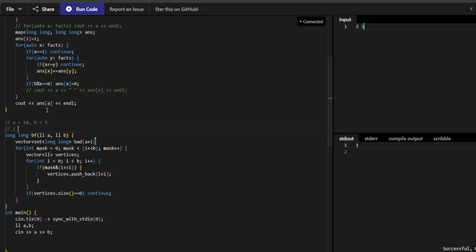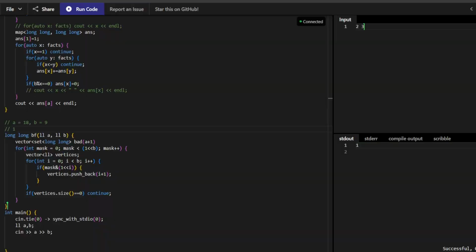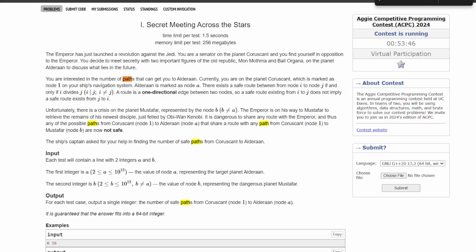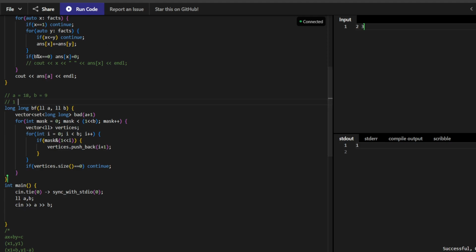This is so annoying. I don't even want to write the brute force. It's not even guaranteed it works because you only use it for numbers so small. Alright, this question is cringe.